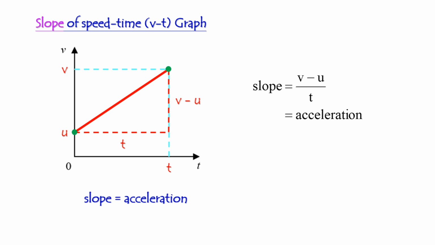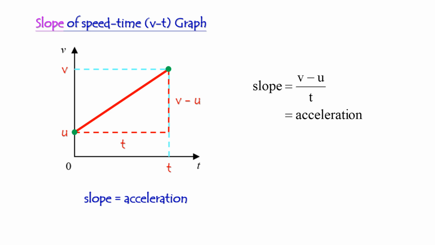That means the slope of the v-t graph, the slope of the speed-time graph, gives you the acceleration of an object. So if the question asks you to find out the acceleration of an object from the graph, you should try to find out the slope of the graph, and this is equal to the acceleration of the object. Is that okay?